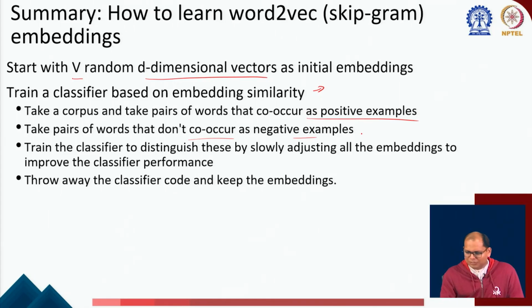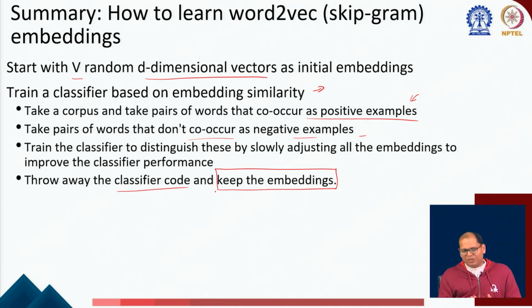So it will try to take the embeddings of positive pairs close by and embeddings for negative pairs far apart. And finally, once we are done with this training, you throw away the classifier code, just keep the embeddings, and we can add the embeddings w_i plus c_i. And in between we learned some nice tricks to optimize the task, like negative sampling and also hierarchical softmax.